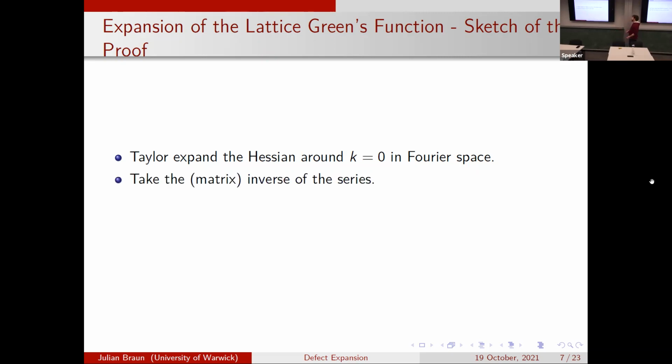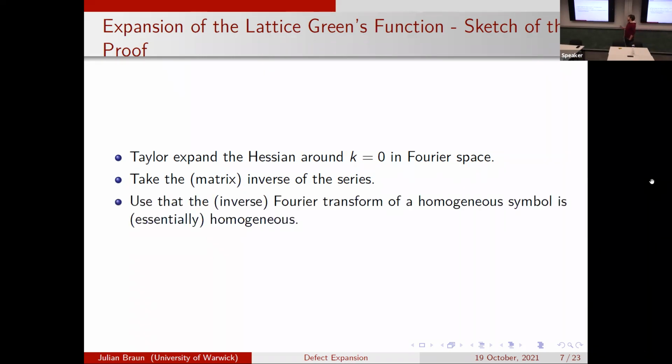So if you take an inverse of the entire Taylor series, which again is matrix valued, so it's not a Taylor series itself, but it's still going to be a series of homogeneous terms, terms with some homogeneity, and Fourier transforms of homogeneous symbols are homogeneous.